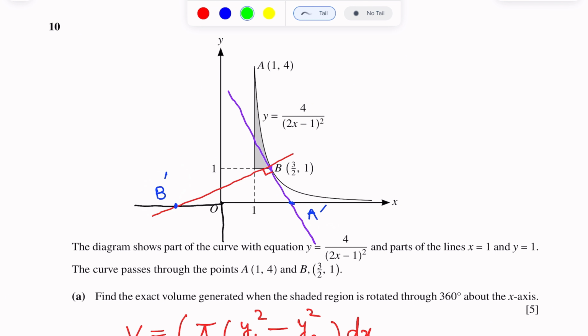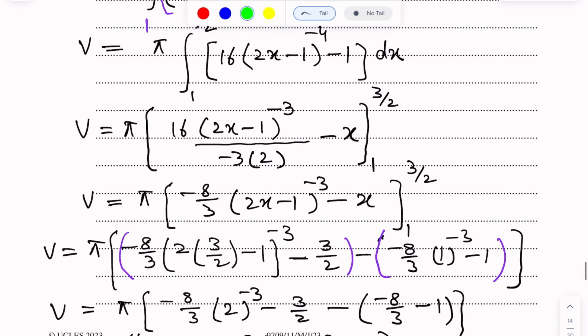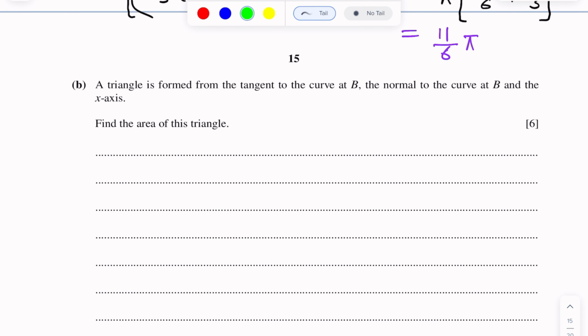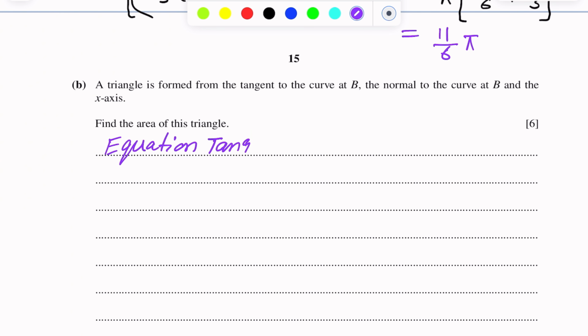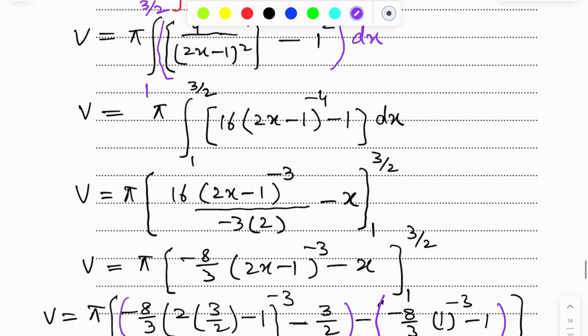For this, first of all, we have to find the equation of tangent and the equation of normal. First we find the equation of tangent. To find the equation of tangent, we have to find the gradient and the point through which the tangent passes.